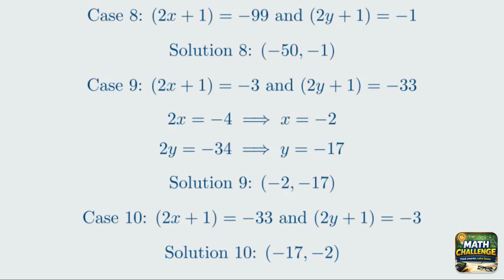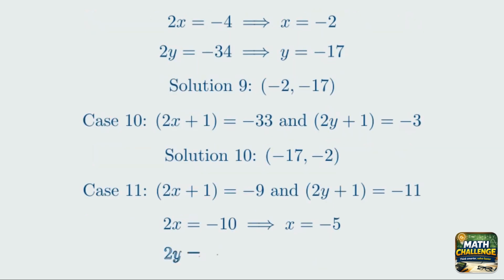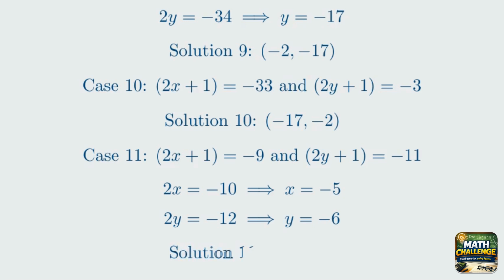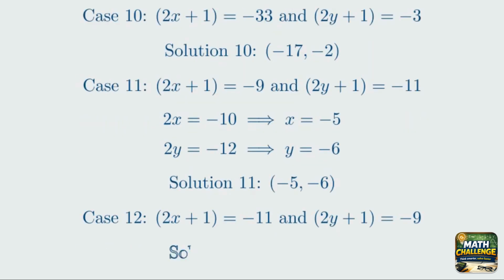Finally, the last negative pair, -9, -11. 2x plus 1 equals -9, so 2x is -10, meaning x is -5. 2y plus 1 equals -11, so 2y is -12, meaning y is -6. Our final solution is -5, -6. And the reverse, -11, -9, gives us -6, -5.